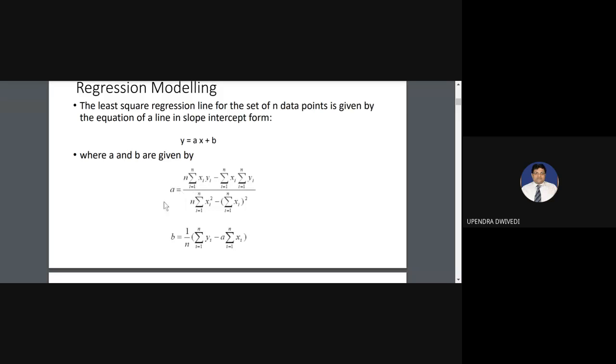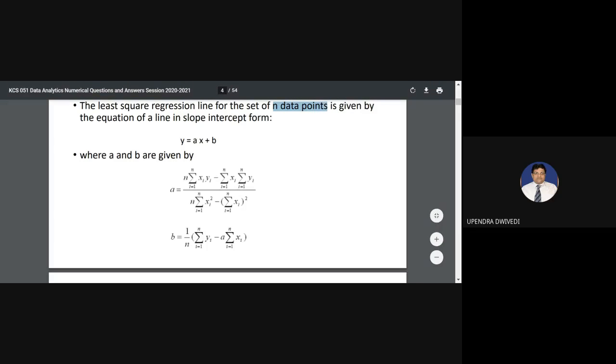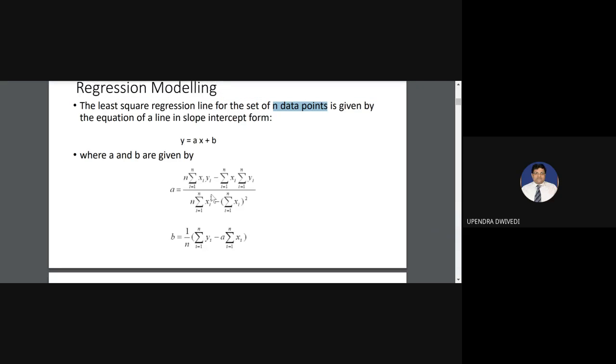To find the coefficient A, we have to take n. n is the number of data points, because here it says n data points. So n is the number of data points, and xi and yi are any given data point, with i equal to 1 to n. We have to calculate the summation of xi times yi.